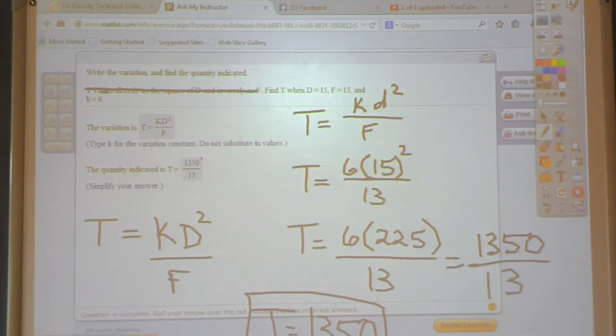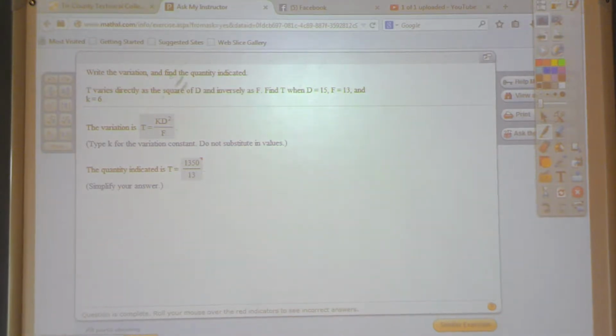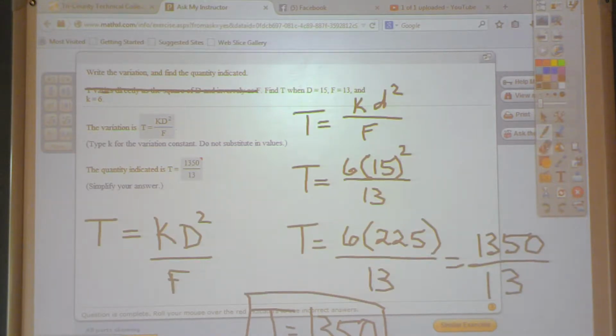Remember, I told y'all last class, when y'all see that square of d, what did I tell y'all that meant? It meant squared. It means raise it to the square. Do not do the square root. And I had to tell my last class that because we covered this in 102.